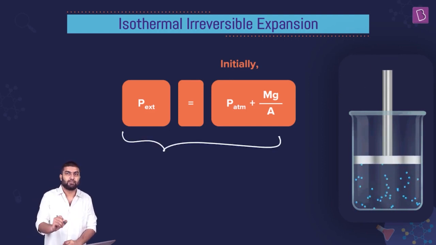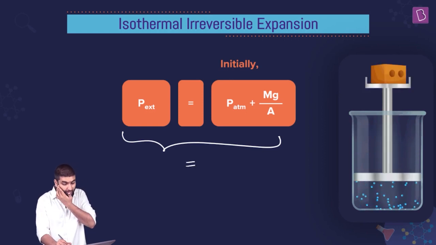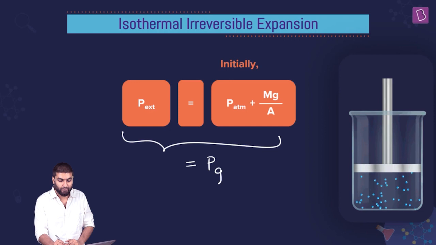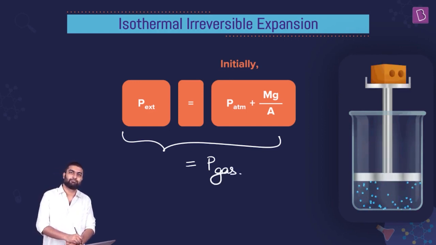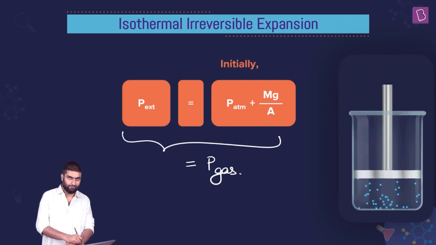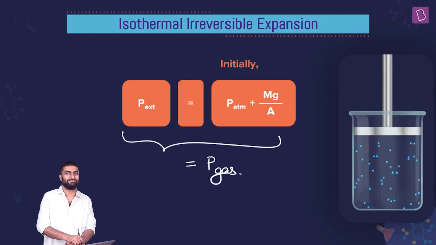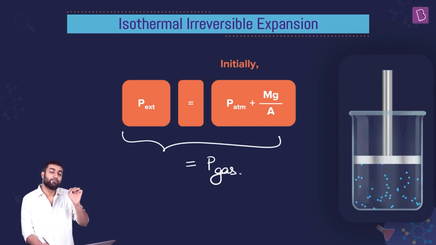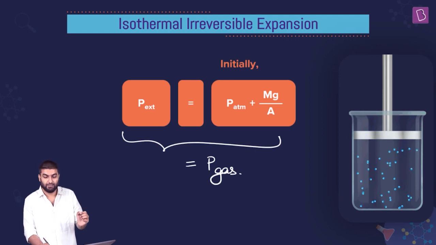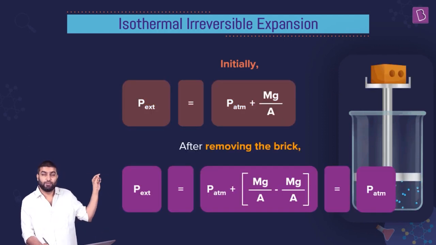And since there was a mechanical equilibrium, this would also have been equal to P gas. Correct, right? Okay, cool. So this was before we removed the brick. Now you have removed the brick.